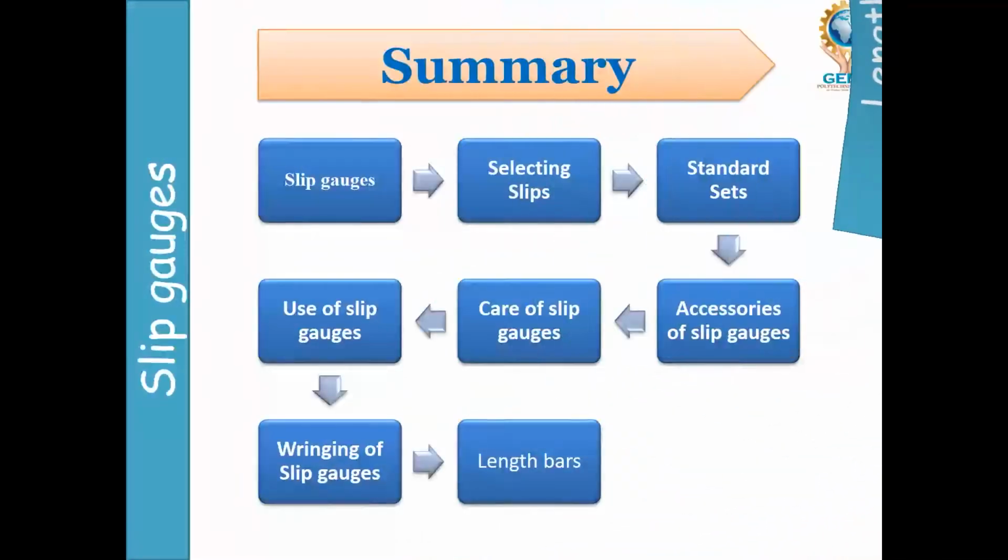Summary. In this lecture we studied slip gauges, selecting the slip gauges, standard sets, use of slip gauges, care of slip gauges, accessories of slip gauges, ringing of slip gauges, and length bars. So what is the purpose of slip gauges?